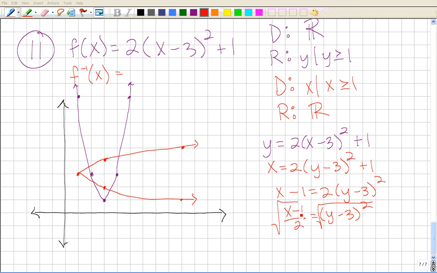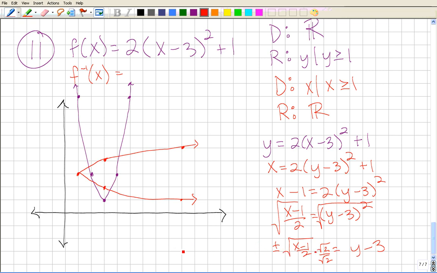So the square root of x minus 1 over 2 is plus or minus the square root of x minus 1 over 2 equals y minus 3. But I don't like this square root of 2 happening here in this denominator. So I'm going to multiply by the square root of 2 over the square root of 2. And sorry, I've run out of room, so I'm going to work this direction.